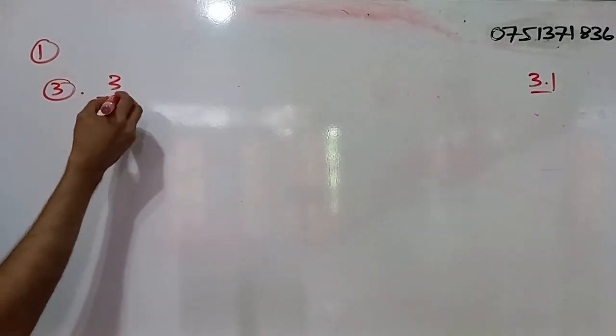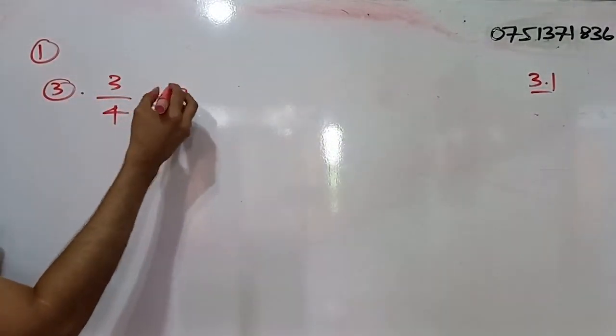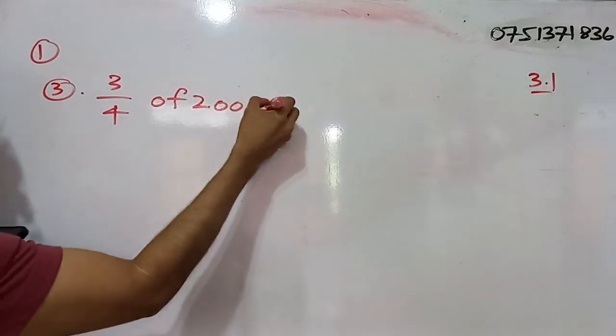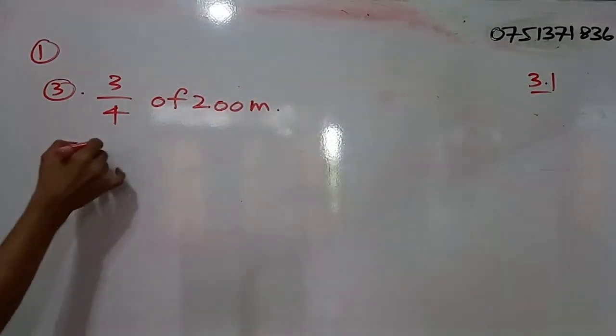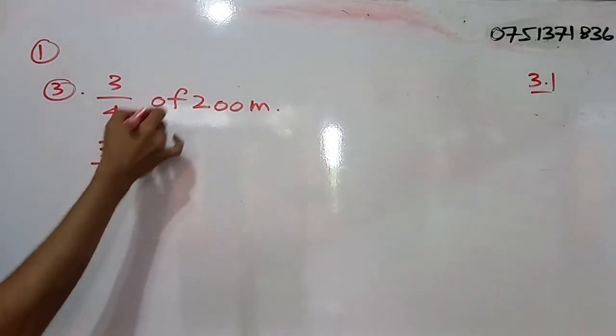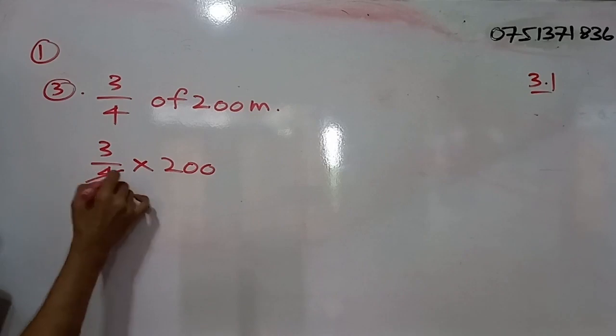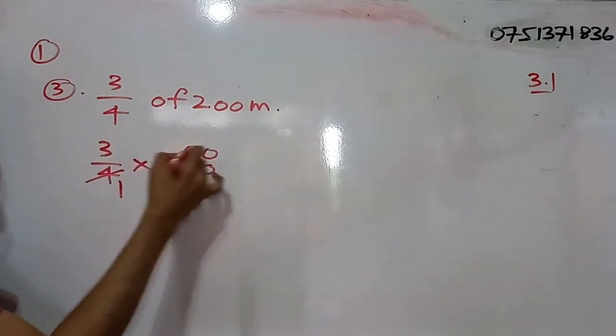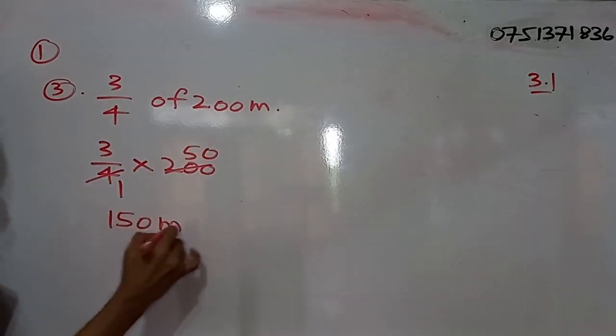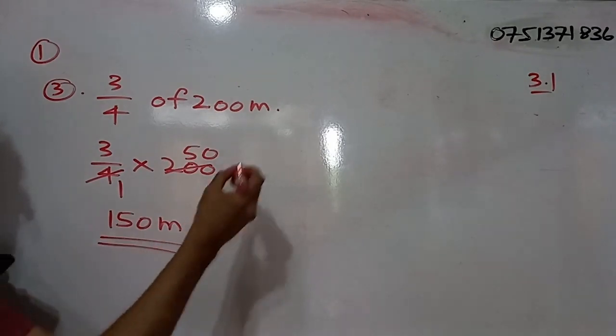Okay, so the third one, what do we have? 3 by 4 of 200 liters. Just as before, 3 by 4, we replace 'of' by the multiplication symbol. So 4 times 1, 4 times 50, 3 into 50, what is that? 150. So the answer is 150 liters.